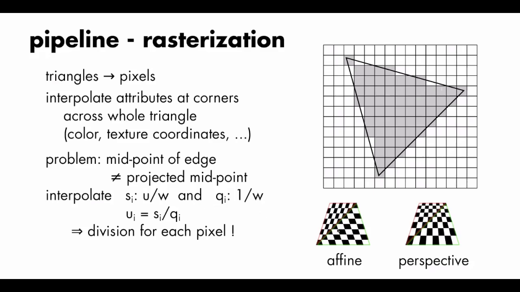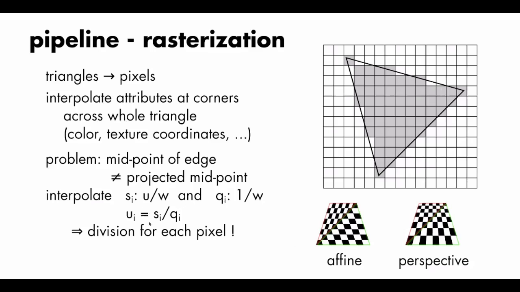And it turns out that if you don't do this, you get very ugly effects. So texture mapping, if you do it correctly, you have the right result. If you don't do it correctly, which is called affine texture mapping, you get this weird effect. And to do it correctly, unfortunately, is a bit expensive, because you have to divide the texture coordinate and 1 by the depth, by that weight, and then interpolate these values.